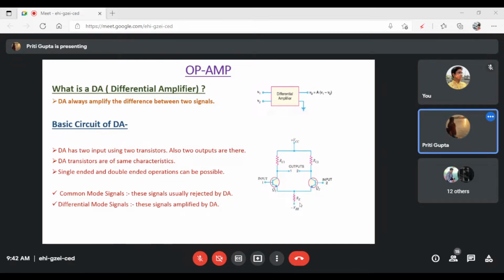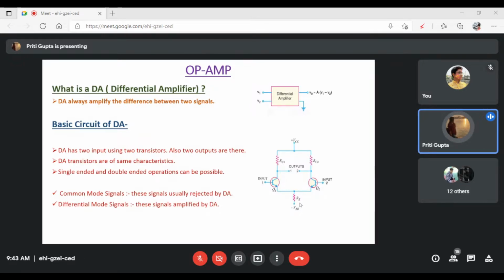Okay, last point. A DA can be used with both single-ended input or double-ended input.